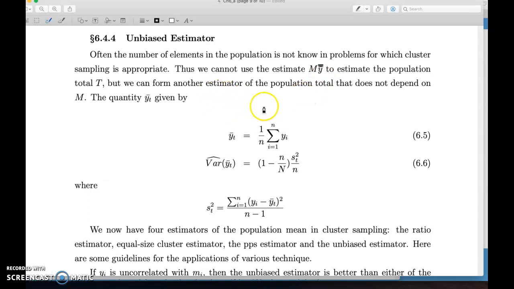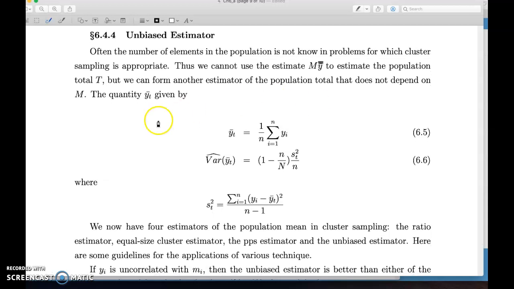But we can form another estimator of the population total that does not depend on M. That's called the quantity YT bar. YT bar is the cluster totals, YI, added up together for the N clusters that we sample, and then averaged.